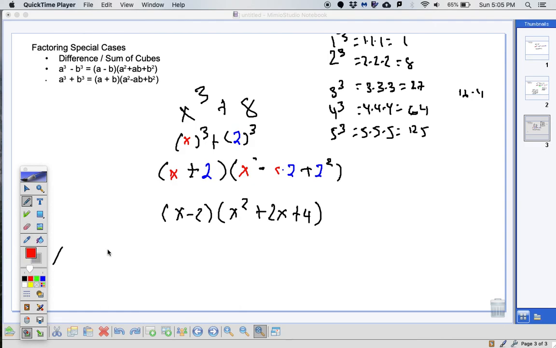So then our final answer, instead of being x minus 2, would have been x plus 2, x squared minus 2x plus 4. This last number is always a plus. Okay? So this one was for sum, and this one was for difference.